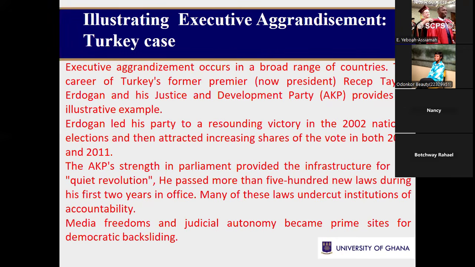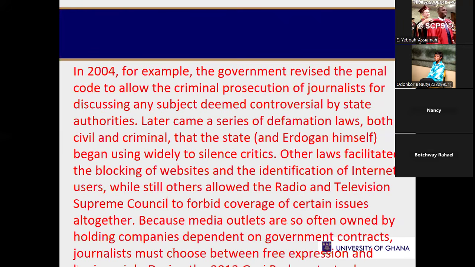Media freedoms and judicial autonomy became a prime site for democratic backsliding. So they passed several laws to affect the independence of the media. They passed several laws to affect the independence of the judiciary, such that there was nothing like judicial autonomy. In 2004, the government revised the penal code to allow criminal prosecution of journalists if they discuss any subject that the state deems controversial.